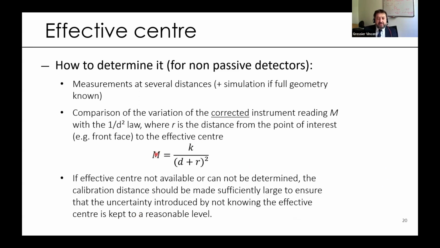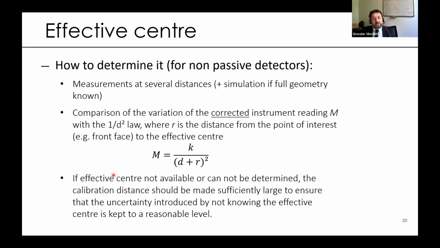This measurement will be a constant divided by the distance that you measure to the front face of your detector, plus this effective center you are looking for, all squared. Of course, this is only valid if you have effectively corrected your measurements at each distance for all the other parameters: scattering, geometry factor, and things like that. So that's not easy to do.